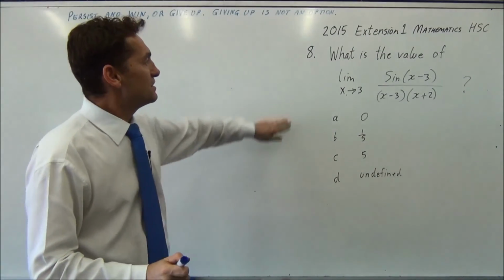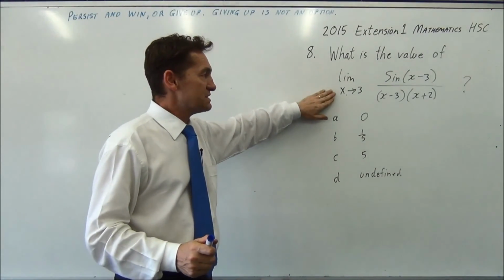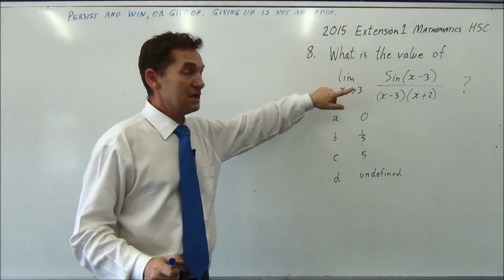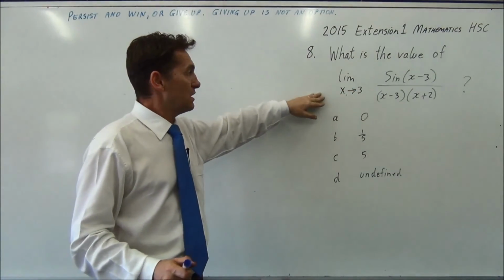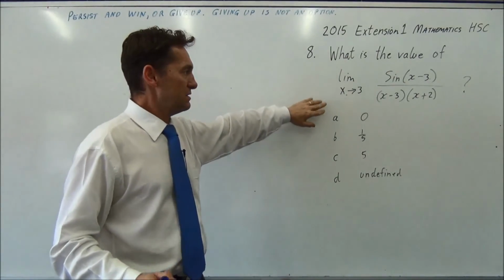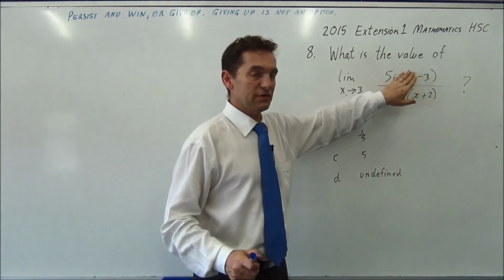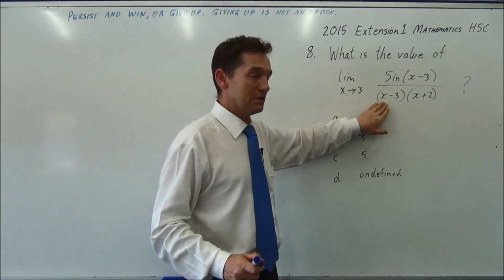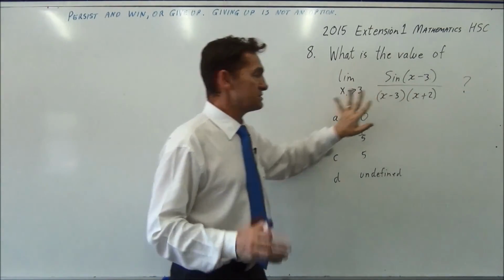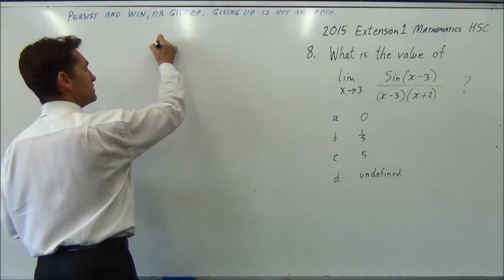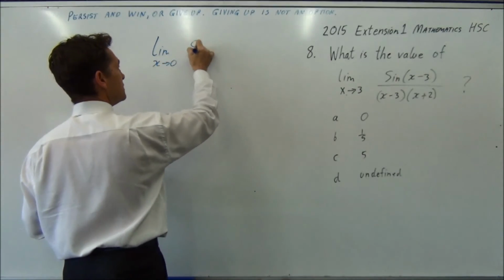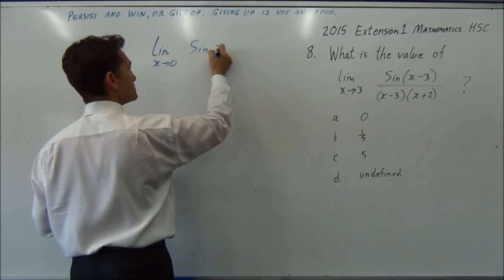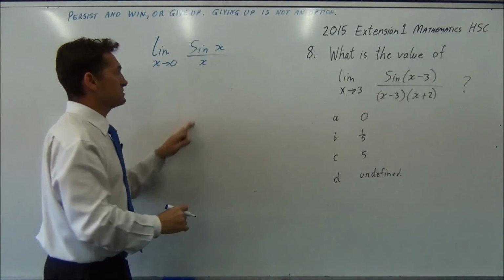Question 8. What is the value of the limit as x approaches 3 of sine of (x minus 3) over (x minus 3)(x plus 2)? What you've got to recognise here is that you've got sine of something over the same thing. Okay, those are the same. So if you can remember your limits, you've got a special limit as x approaches 0 of sine x over x.